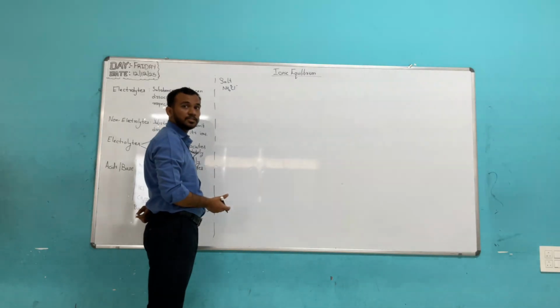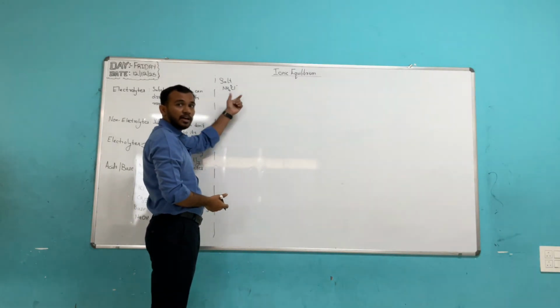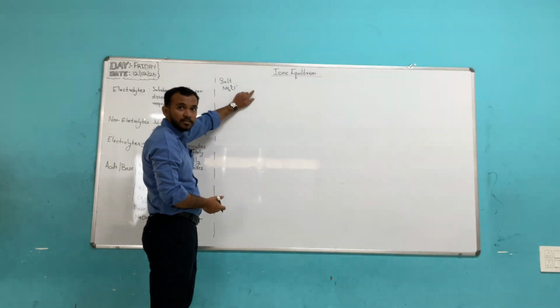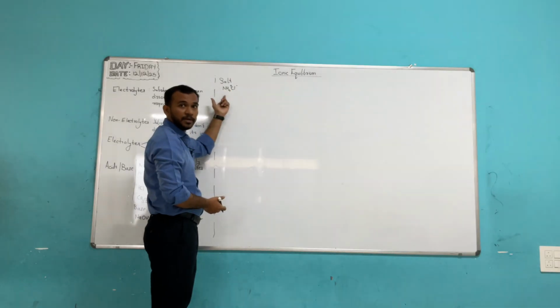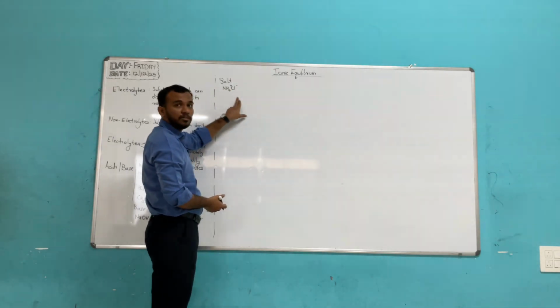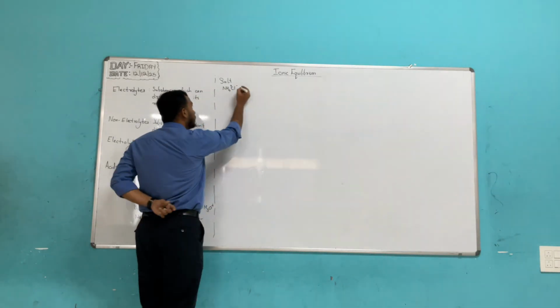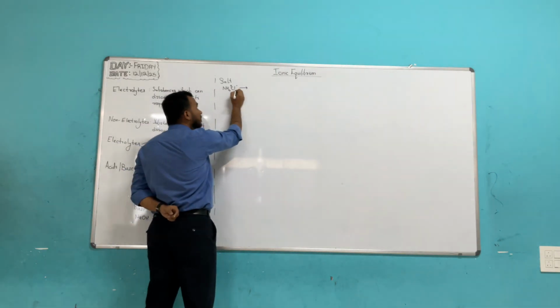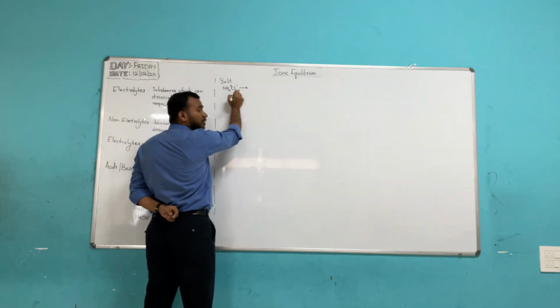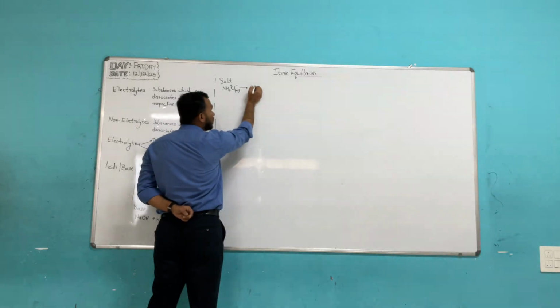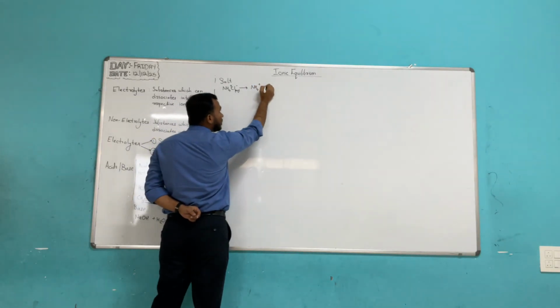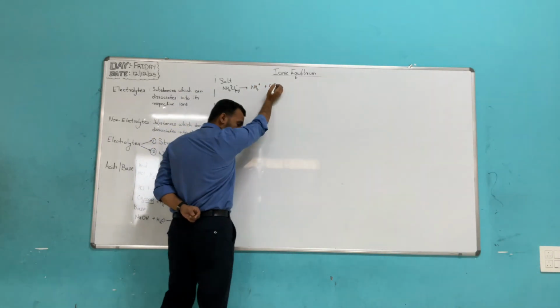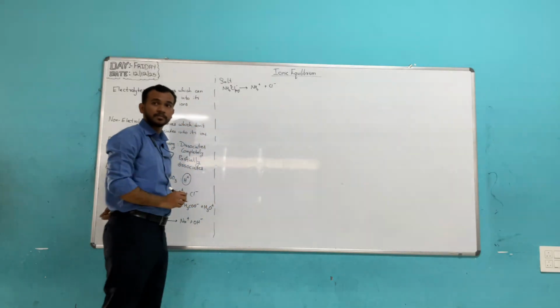Since it is a salt made up of ammonia and hydrogen chloride, the strong acid and a weak base, its nature will be acidic. Salts dissociate completely in water. So in the aqueous condition it will dissociate and form NH4 plus ion plus Cl minus ion.